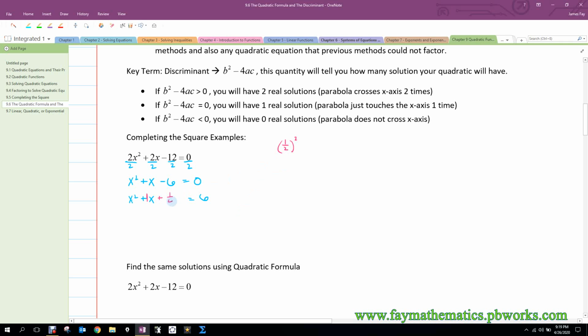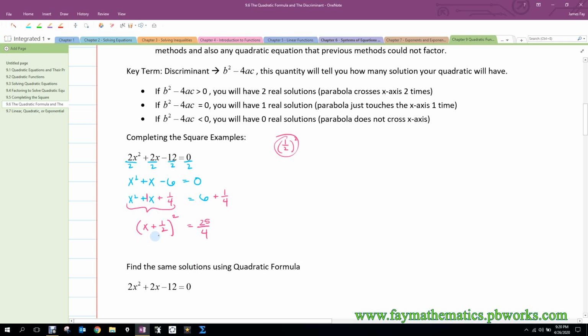You then add 1/4 here, and add 1/4 there. What this allows you to do is this side turns into x plus 1/2, quantity squared. It basically turns into x plus whatever that number was before we squared it, quantity squared. And over here, it's 6 1/4, which I'm going to write as 25/4.